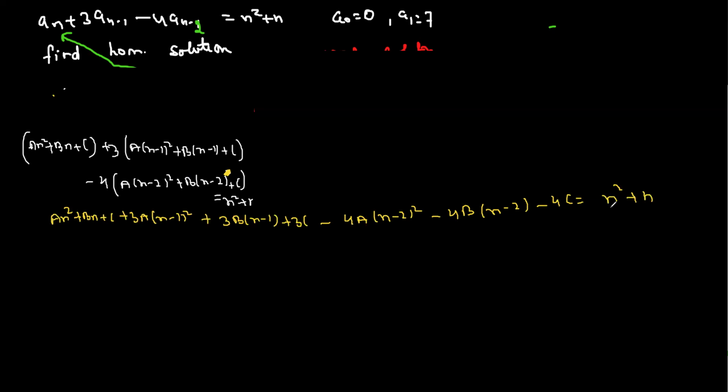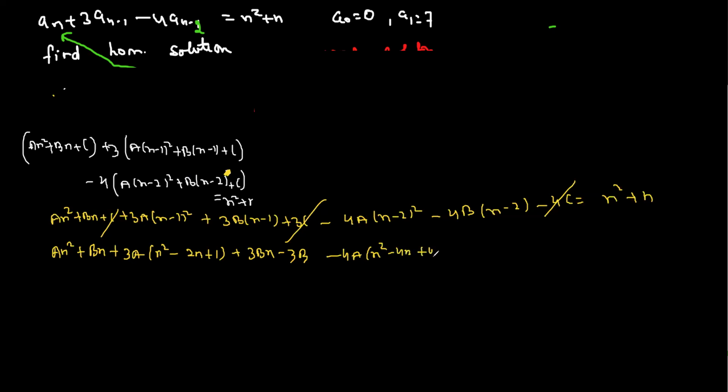Right. Okay. AN square BN. Open the bracket 4A N square minus 4N plus 4.